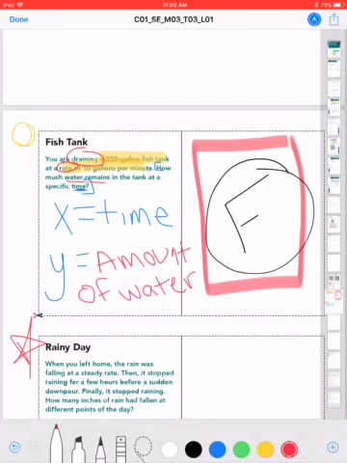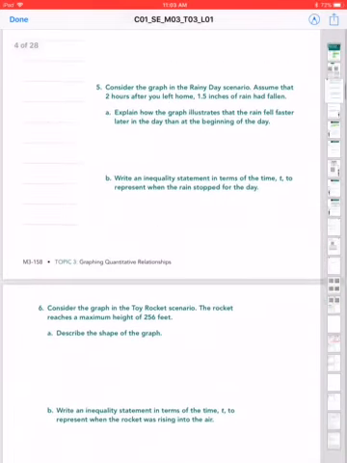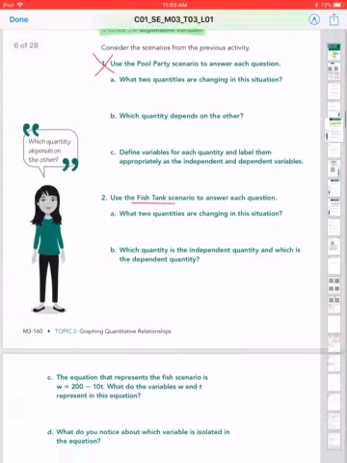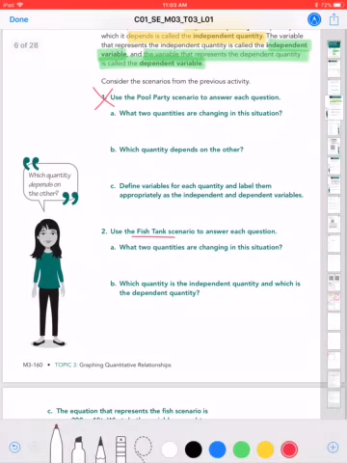So we're going to go back to page, we're just flip-flopping a little bit. It's a little easier on your book than my tablet. But we are going to go back up to page 160. And it says, what are the two quantities changing in this situation? We have time, and we also had amount of water.